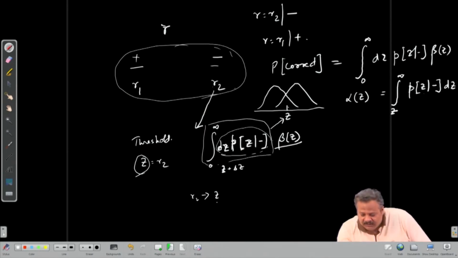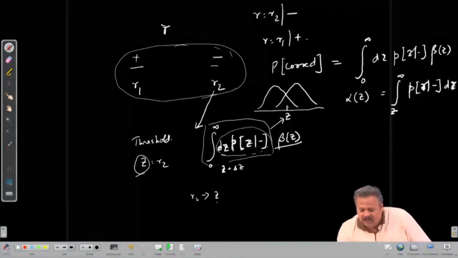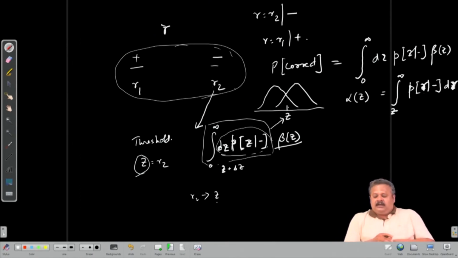I am sorry, this should be rate. In this case, we have a rate here, rate given minus dr, and the rate is going to be varying from z to infinity. That means our decision is plus stimulus.